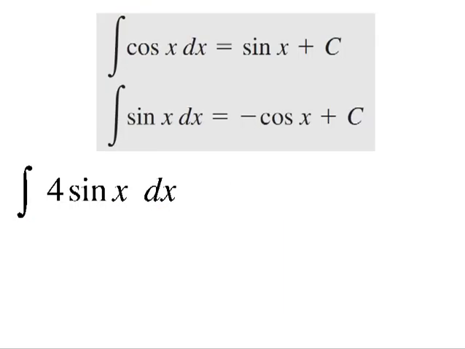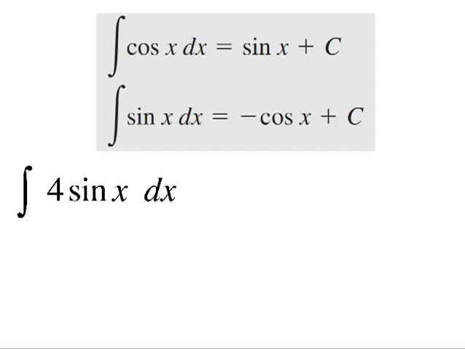All right, the last one we're going to look at today is the sine and cosine functions. First of all, the integral of cosine is positive sine, and the integral of sine is negative cosine. This is actually the opposite, because the derivative of sine was positive cosine and the derivative of cosine was negative sine, so they flipped.